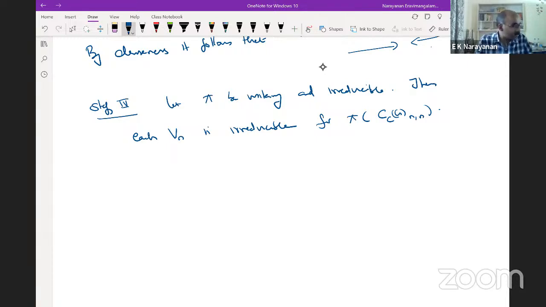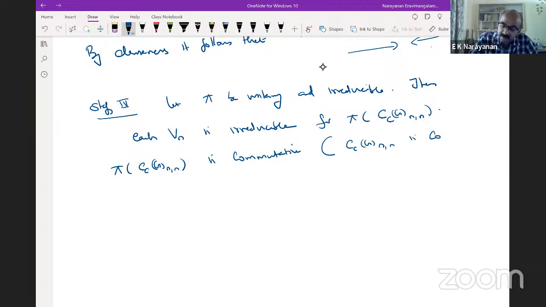Okay, but see, pi of C_c(G)_{n,n} is commutative, because C_c(G)_{n,n} is commutative with respect to convolution, right? So pi of that is going to be commutative.